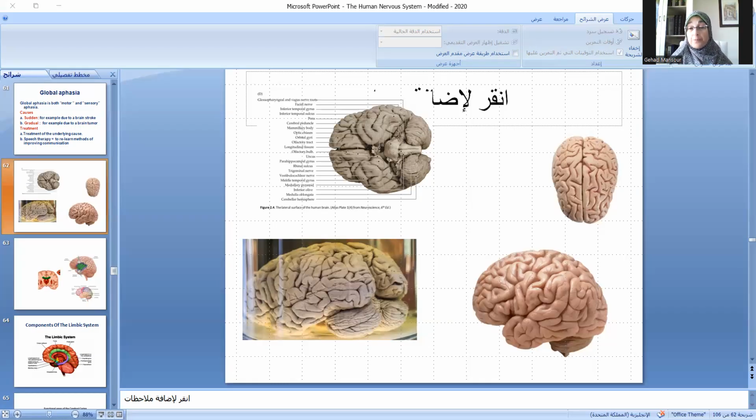So the main function of the corpus callosum is to connect the right and left cerebral hemispheres, meaning that if a certain type of sensation, like visual sensation, if I see somebody, for example, I will receive a picture of that body in my occipital lobe that contains the vision center, and another picture of the same body in the occipital lobe to the left.